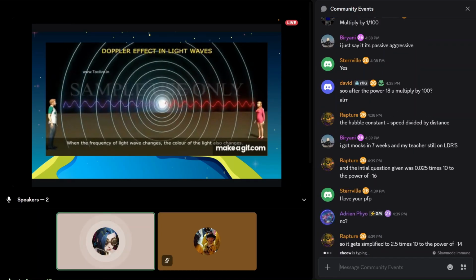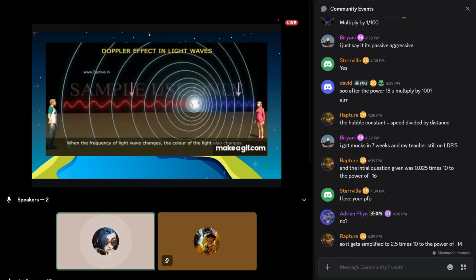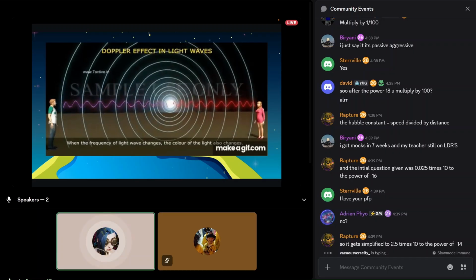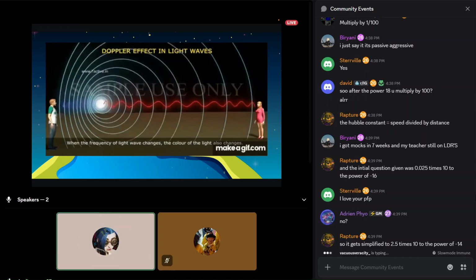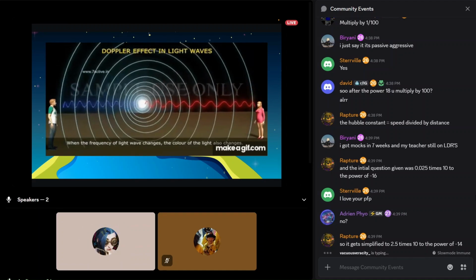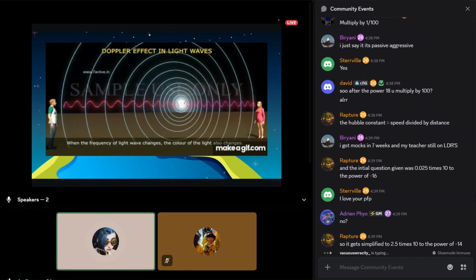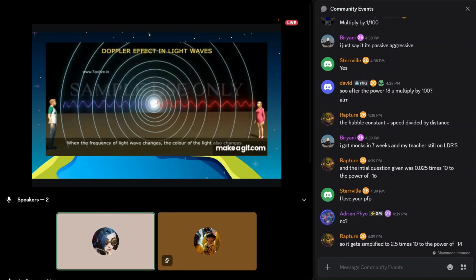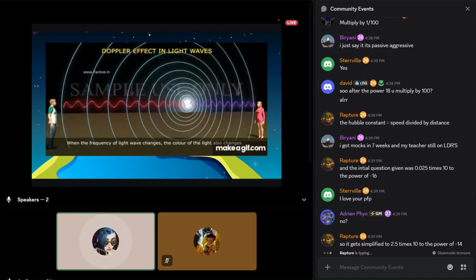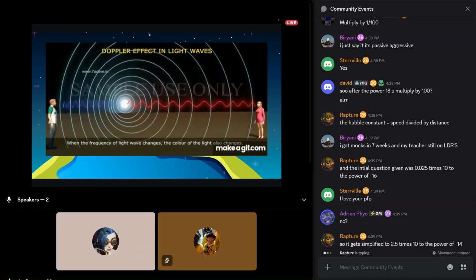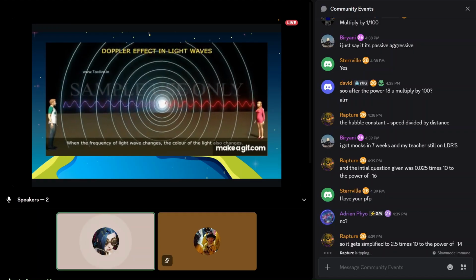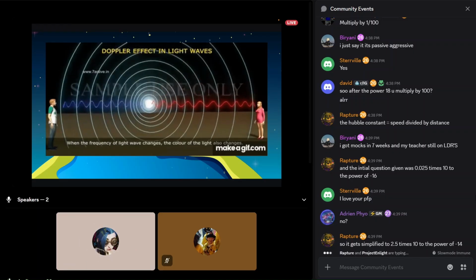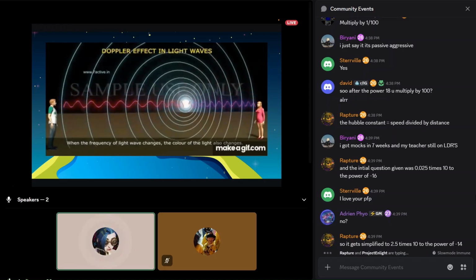The Doppler effect is when the wavelength of a sound wave or a light wave changes due to relative motion of the source of the wave. So if you look at the slides, the light is moving from the guy to the girl. Since the distance between the waves changes as it moves, the wavelength relative to each observer changes as well. Do you guys understand?